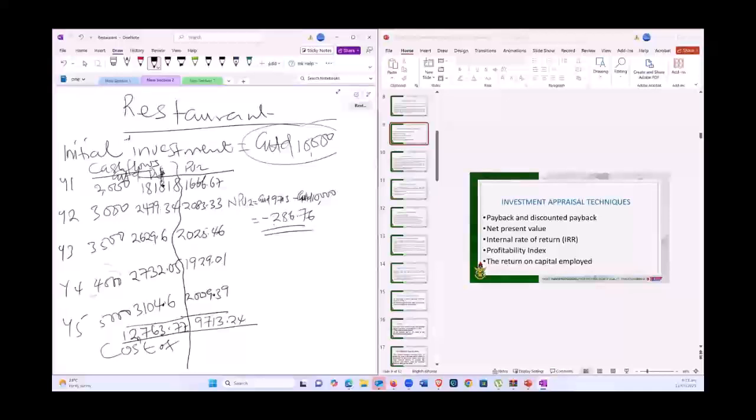So for our internal rate of return, can I clean what I have on the board, please? Yes, sir. Okay.